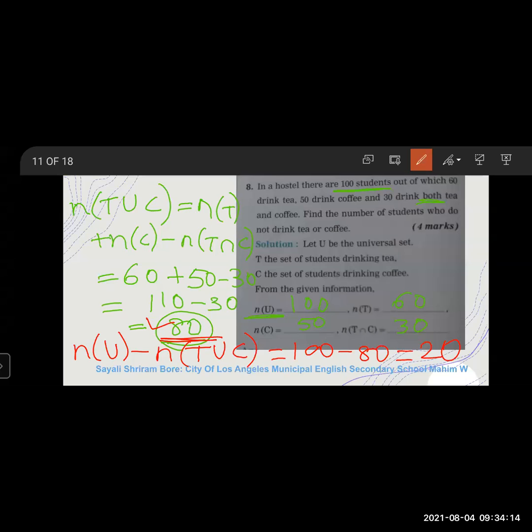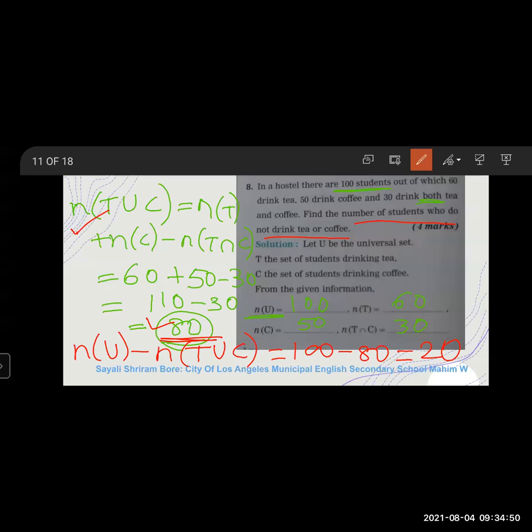The students who are drinking at least tea or coffee, any one of them, that is the union part. But here they have asked how many students are not drinking tea or coffee, which means in the total number of students, you have to find those who do not drink tea or coffee at all.